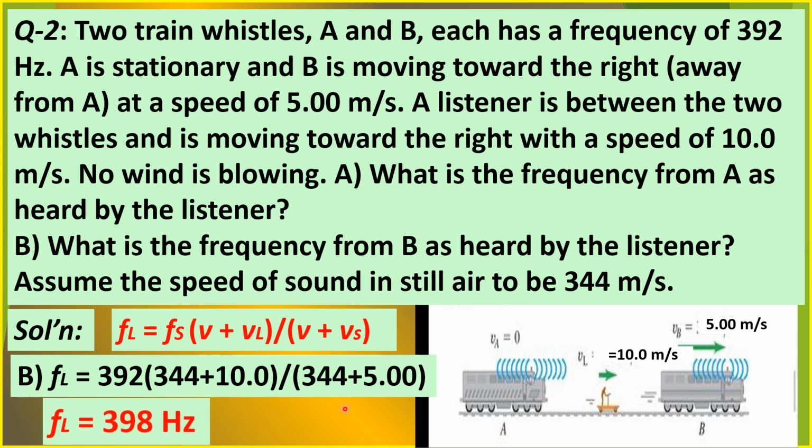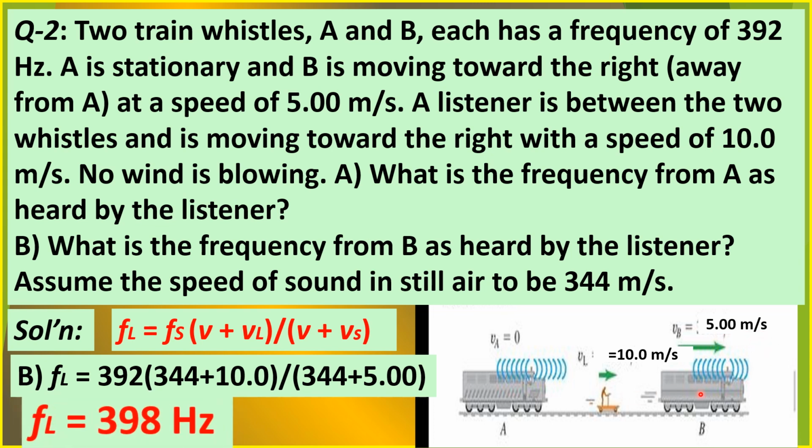So we also expect that the frequency observed by the listener would be higher, right, compared to the frequency of the source of sound, because you will notice that the speed of the listener is 10.0 meters per second, whereas the speed of the source is only 5.00 meters per second.